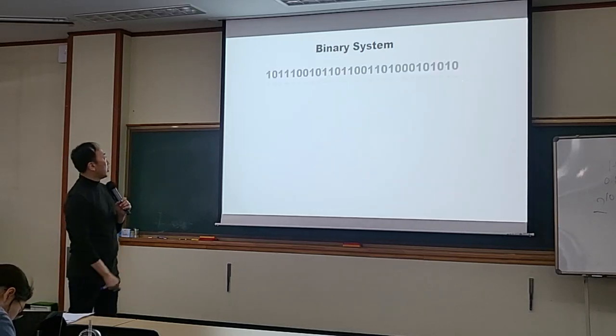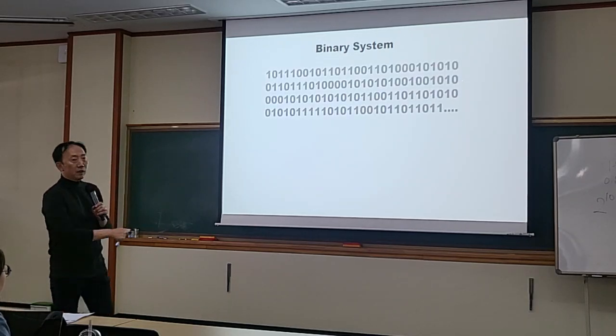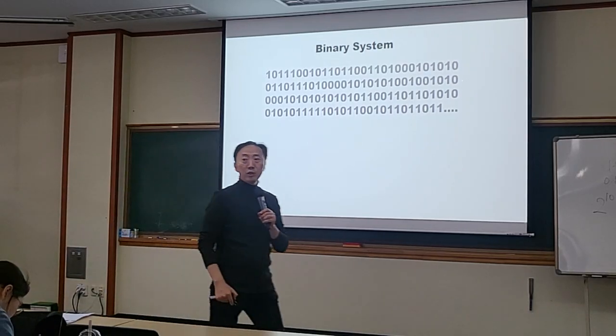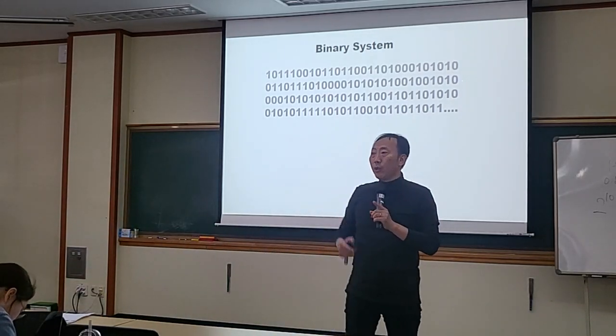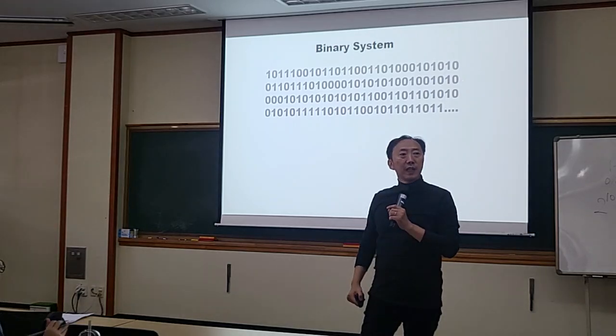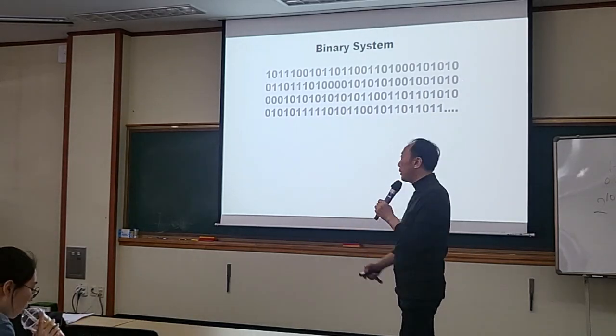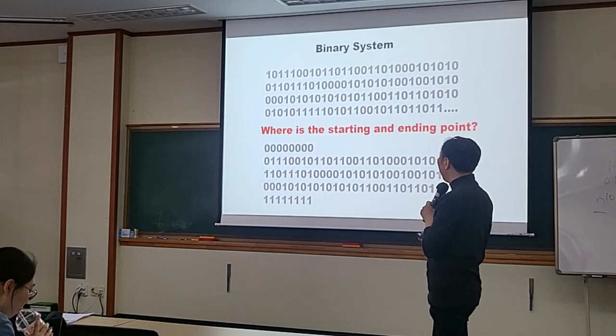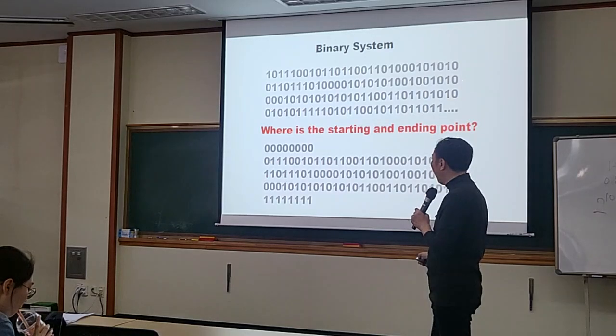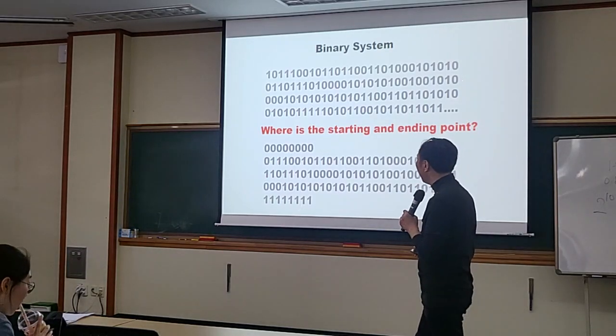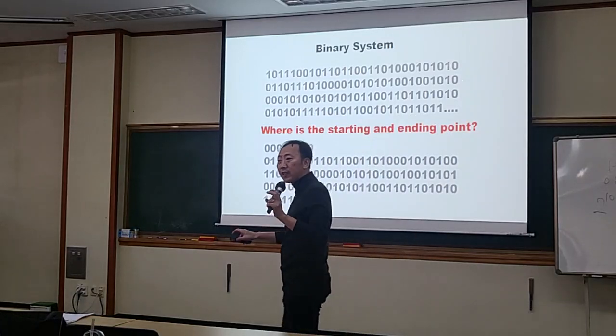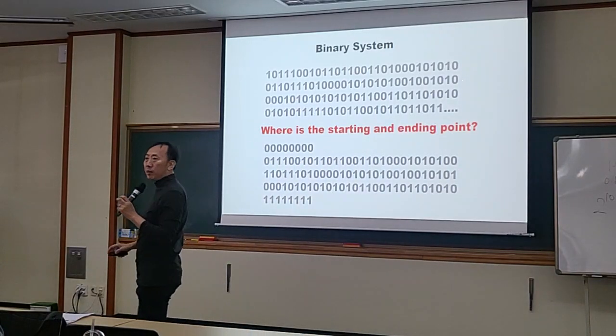But you need to think that if you have this kind of binary system, then you need to know which one is the starting point. Right? So start and end points you need to put separately. For example, maybe all 0 or all 1 is the starting point and the end point. You need to assign at least 2 sequences separately.